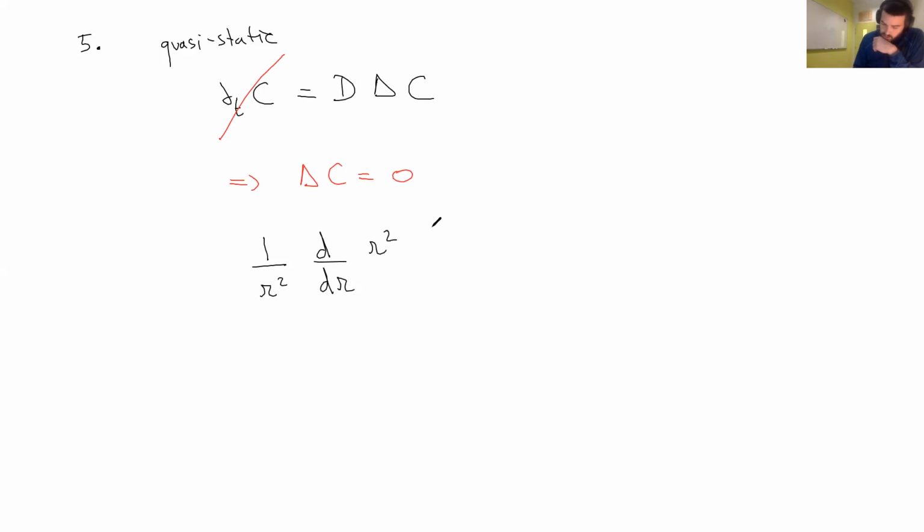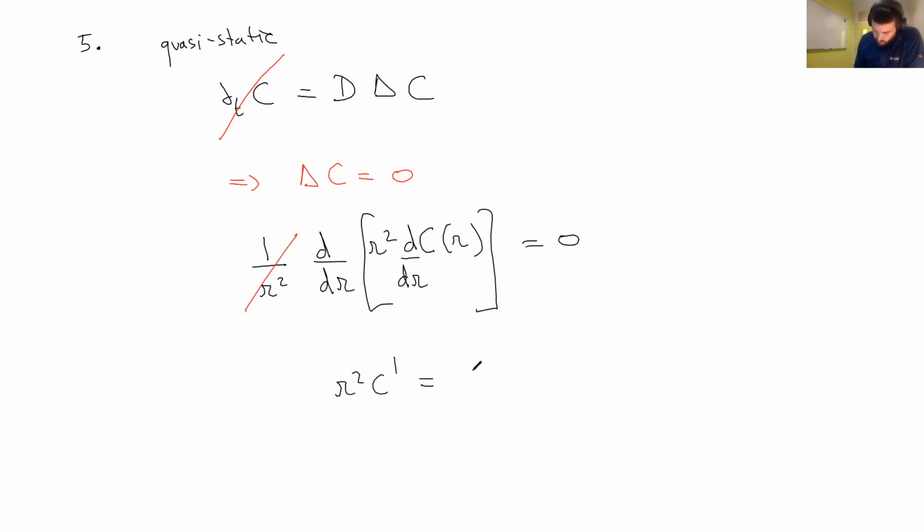That's the Laplacian in spherical coordinates for a quantity that only depends on R. And so I can solve this equation for finite radiuses, this goes away. I end up with R squared C prime is equal to constant. And thus C is constant over R plus another constant.